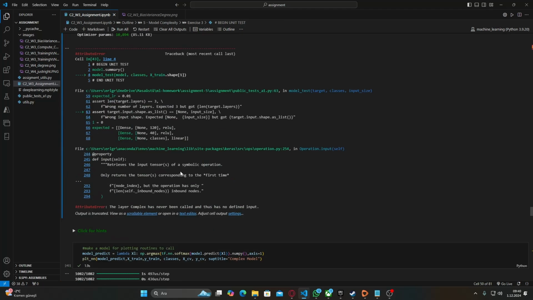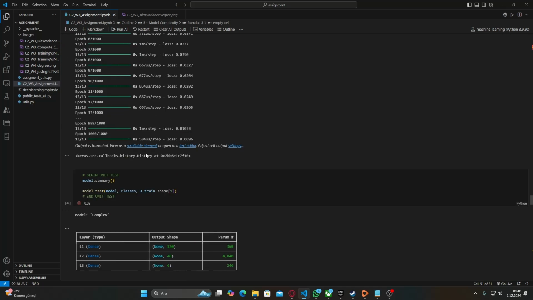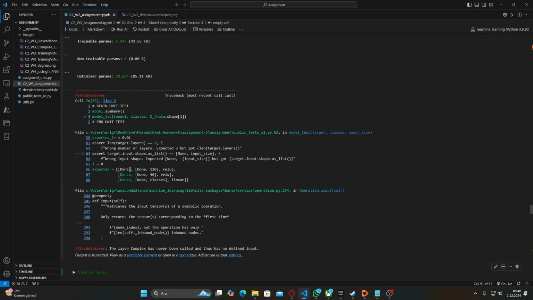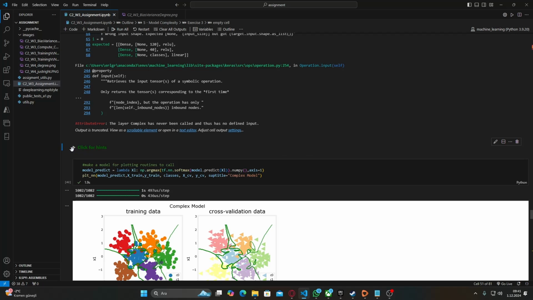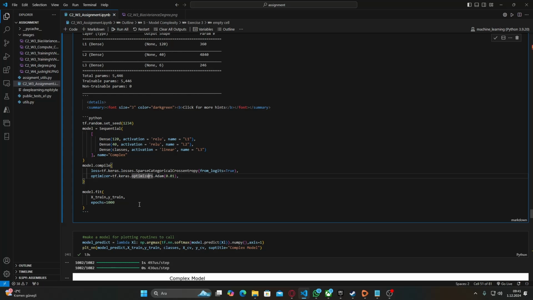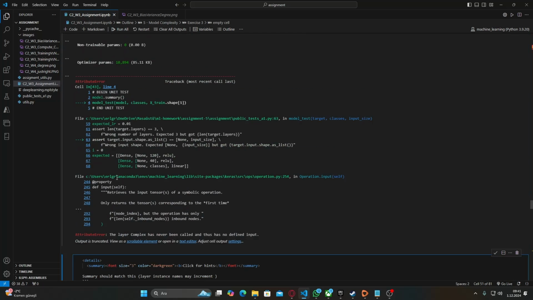Okay, let me check for hints. I might be making some mistakes in here. Actually, if I had to be writing some code in here, I would have to write it, that's why I didn't check it. This is our model fit, epochs 100.